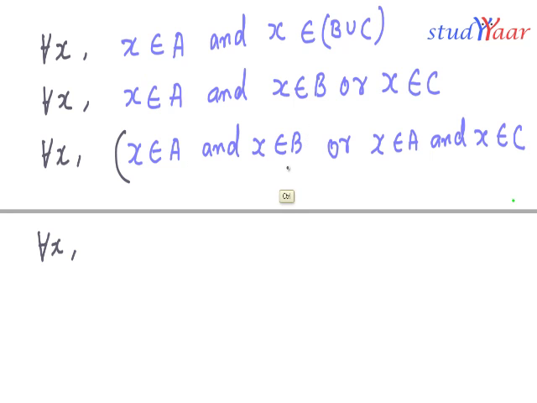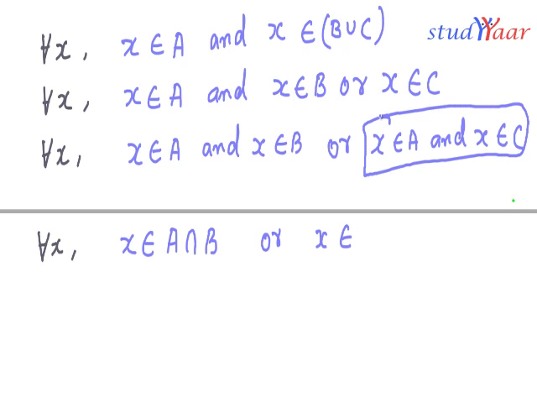I can write this as X is an element of A. What is AND? AND is intersection. X is an element of A intersection B, or X is an element of, how can I write this? I can write it like this: X is an element of A intersection C.